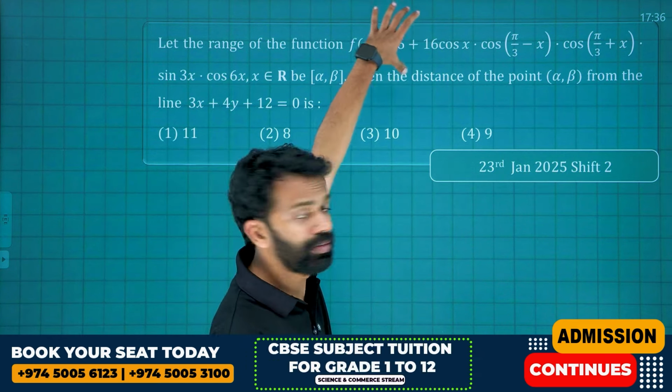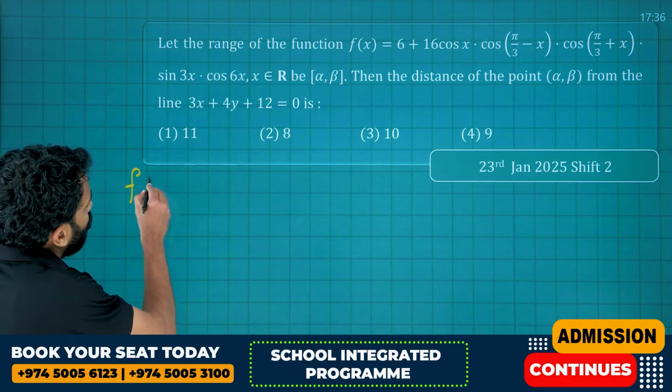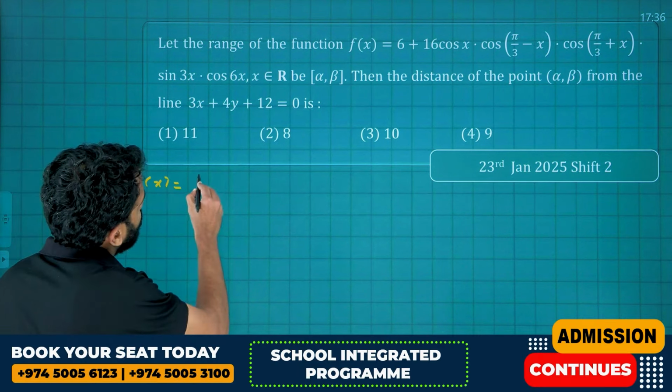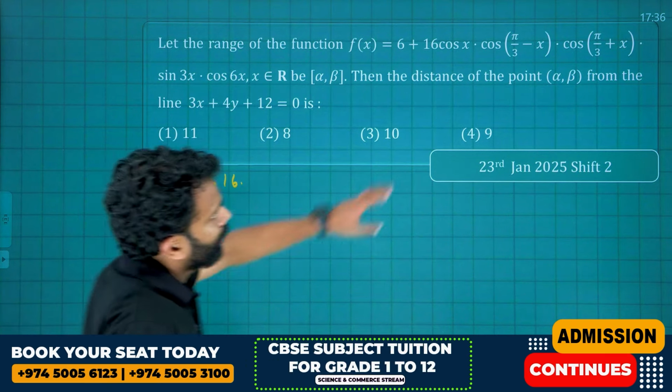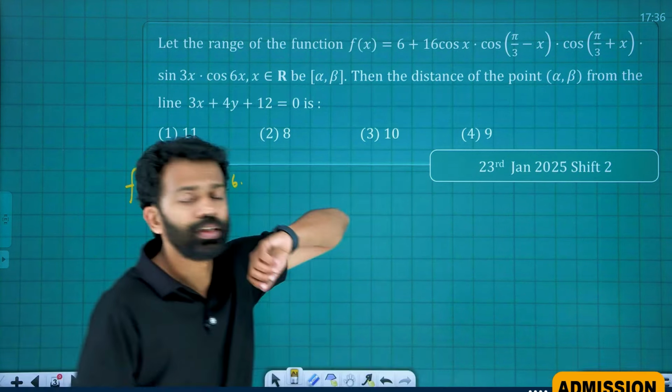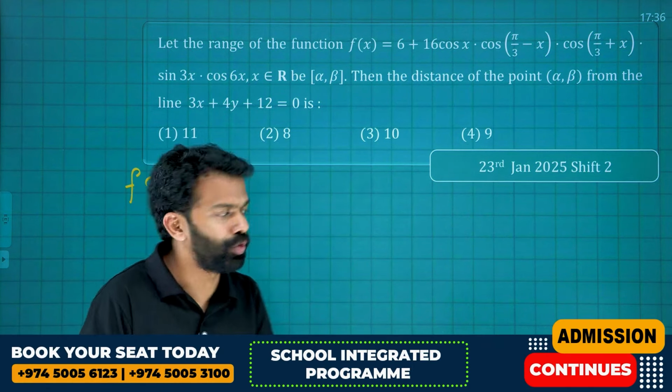Let's formulate it. That is f of x is equal to 6 plus 16 into cos x into cos(pi/3 minus x) into cos(pi/3 plus x). Have you seen this anywhere? There is a formula actually.